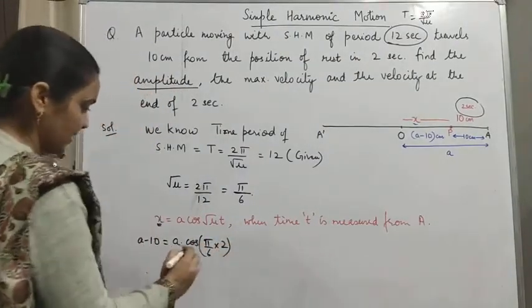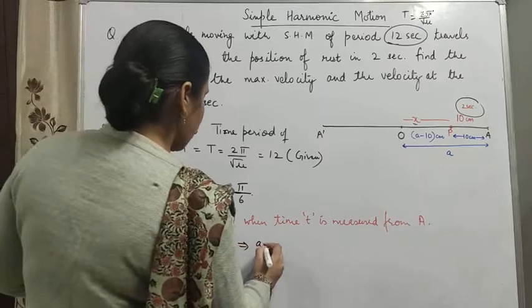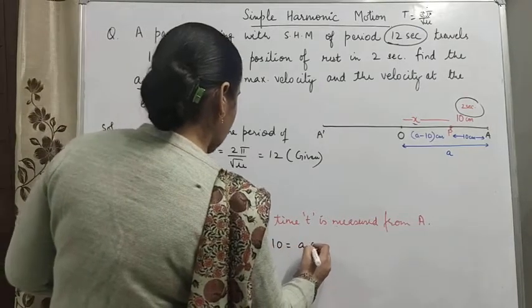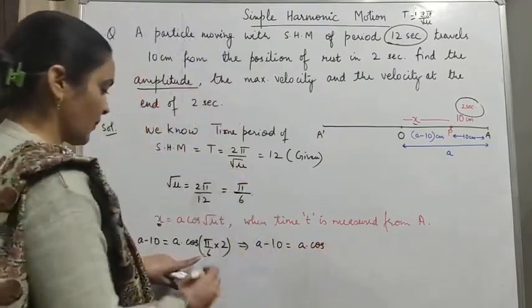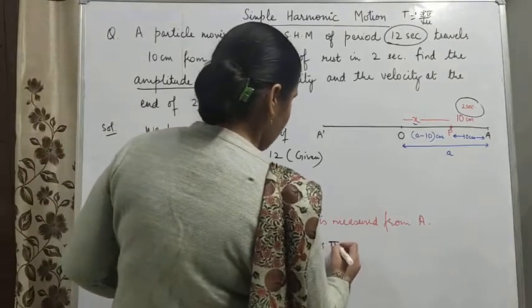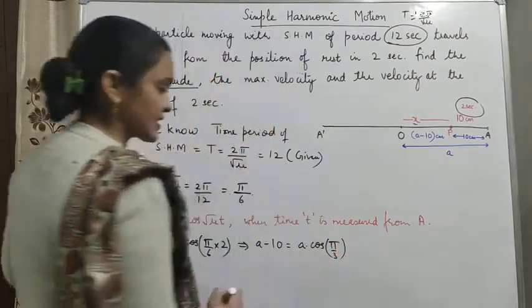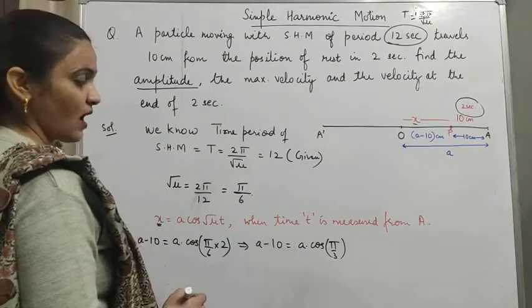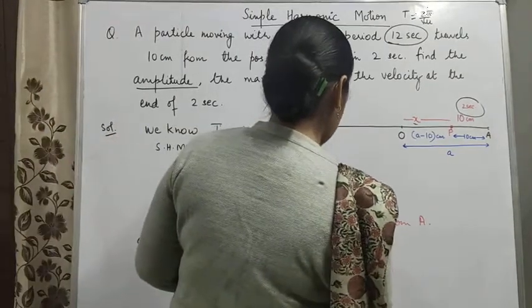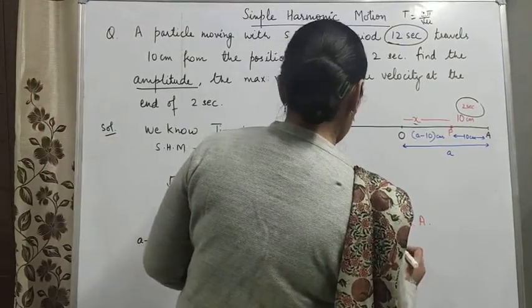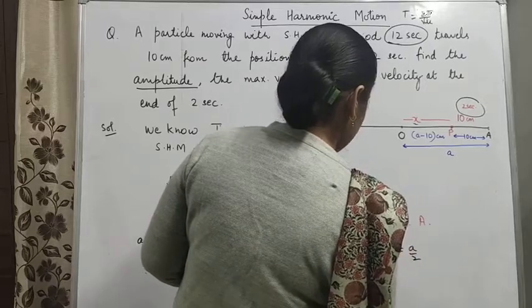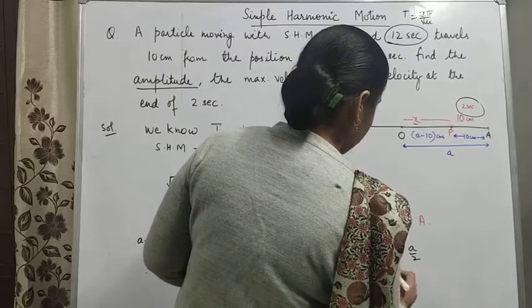So what will you get? This implies A minus 10 is equal to A cos of pi by 3. So pi by 3 means 60. Cos 60 is half. So this implies A minus 10 is equal to A by 2. So you will get A minus A by 2 as 10.